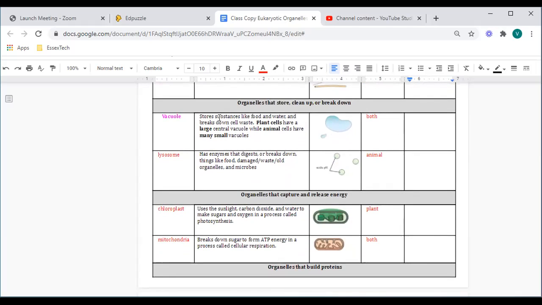So the vacuole stores substances and can also break down cell waste, but plant cells have one large vacuole, and animal cells have lots of small vacuoles. So what in a city stores things? We actually have one right by our school, about a block away.